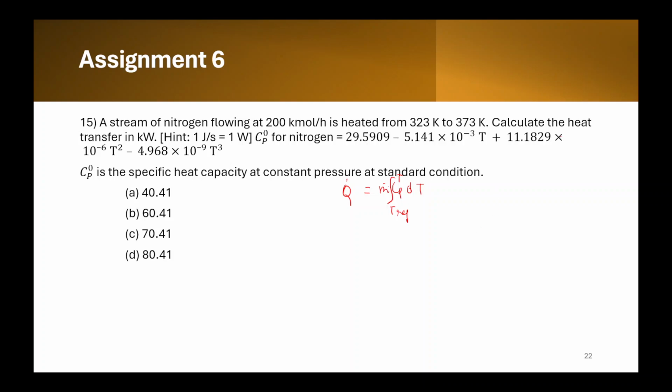We convert it to mole per second basically. 1 hour has 3600 seconds, so divide by 3600, mole per second.